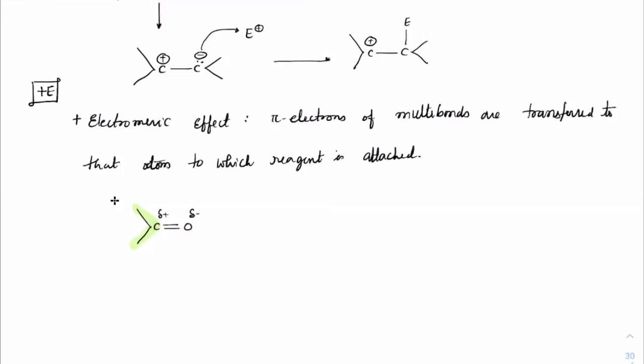But there is no permanent shift of this pi bond, right? Now the minute an electrophile approaches here, the lone pair present on oxygen will try to connect.